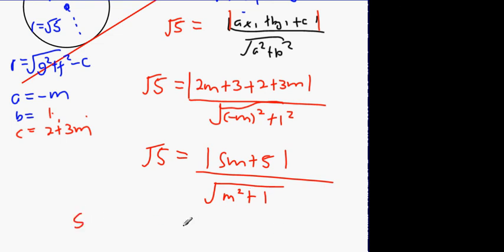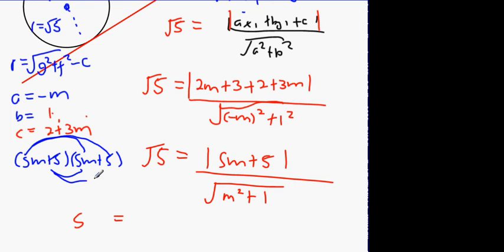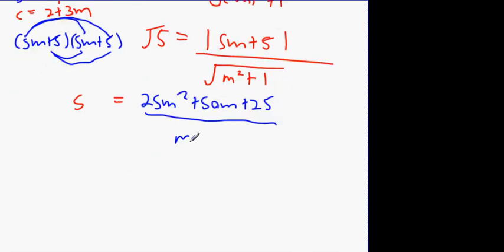5 equals, now please once again be aware that it's 5m plus 5 by 5m plus 5, just to stop those mistakes kicking in. And you have to do 4 different parts of multiplication and add the 2 middle bits. So I'm going to get 25m squared plus 50m plus 25 all over the square root of what's that going to be? m squared plus 1. Cross multiply.